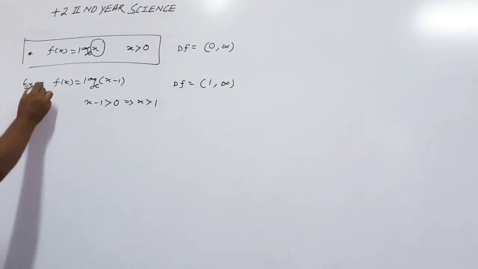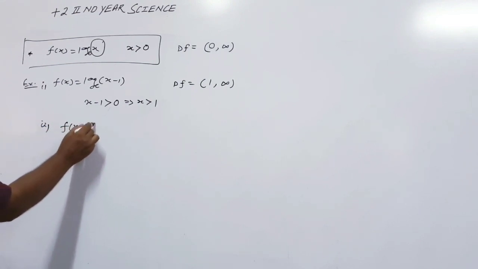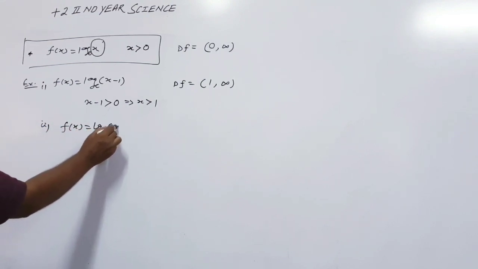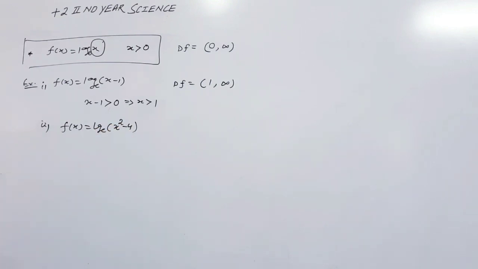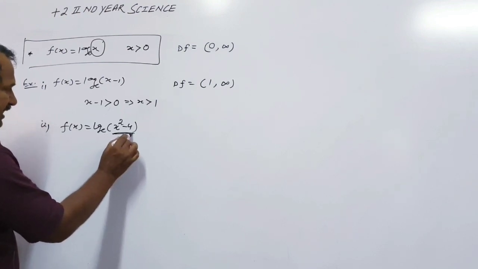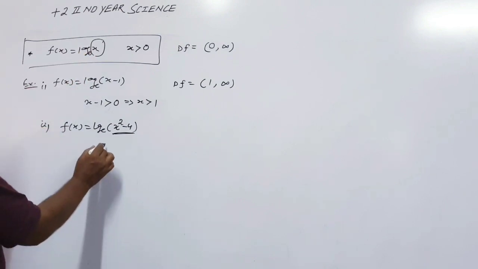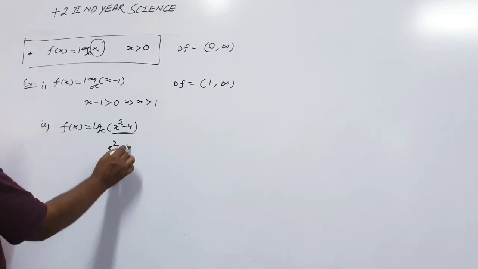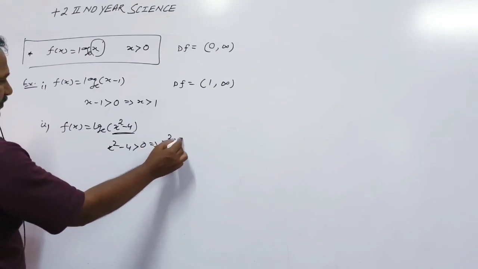Okay. Now another example, let us say f(x) = log base e of (x² − 4). What is the logic? The logic is this must be greater than 0. Use this one, this is the foundation. Now x² − 4 > 0, so x² > 4.